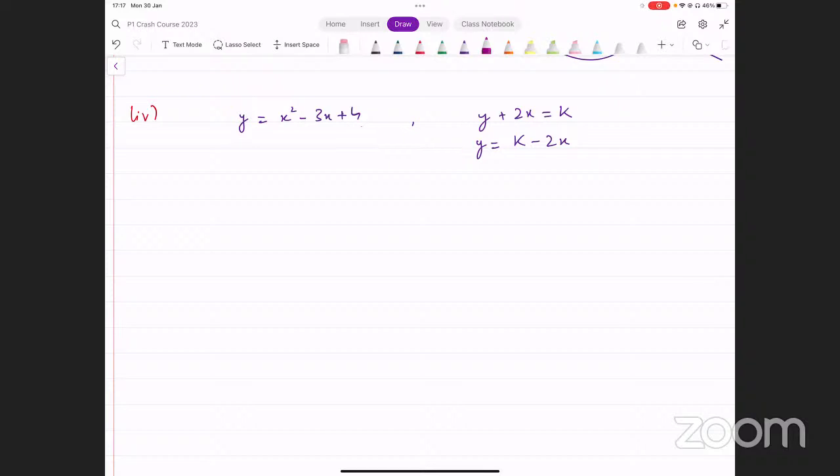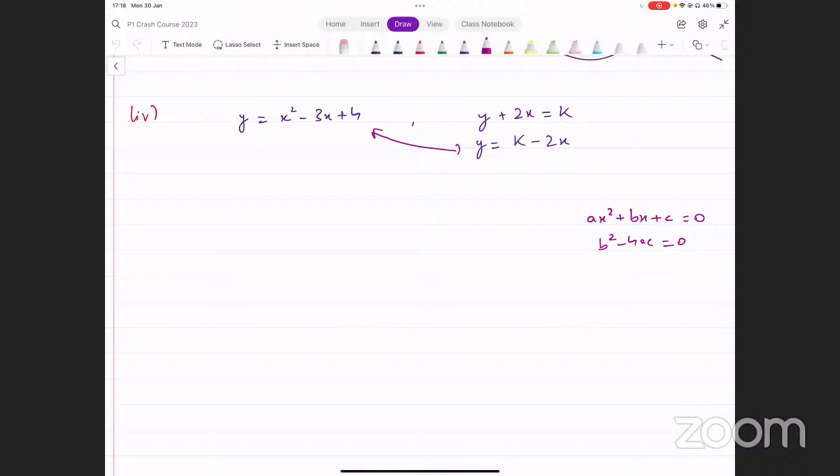But before we can do that, we need this form, which is ax squared plus bx plus c equals 0. For that, what we do is we equate both of them. Why? Because there's one point of intersection. So where do points of intersection come from? They come from equating the functions, right?